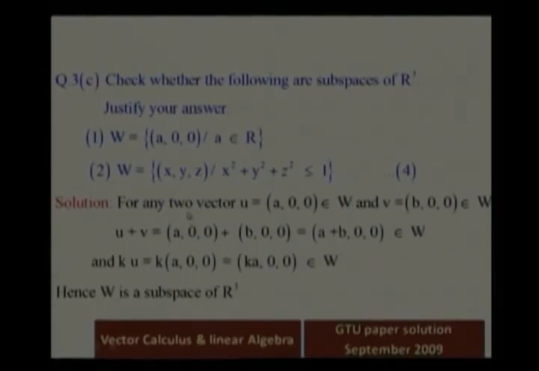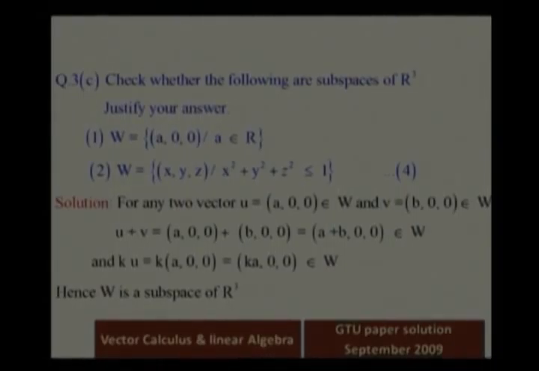So let's try to solve this question. First of all, to prove a subspace we have to take any two vectors from the set and prove that the addition of those two vectors is also in the set and the scalar multiplication is also in the set. But if you want to prove that the given set is not a subspace of a vector space V, in that case a particular example will work.